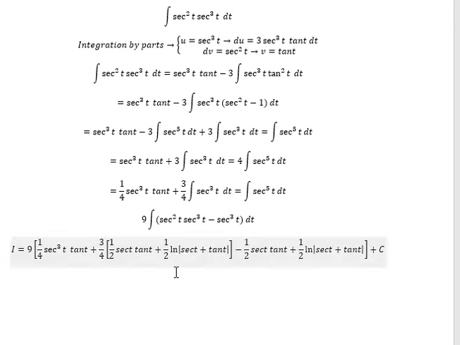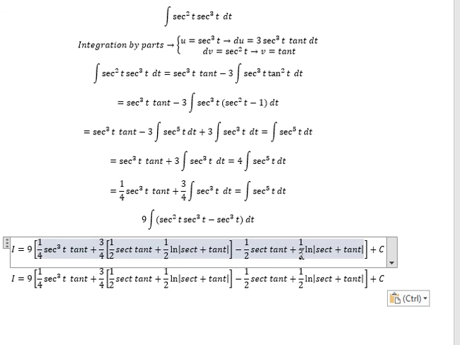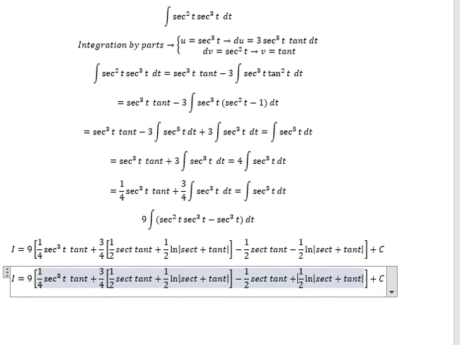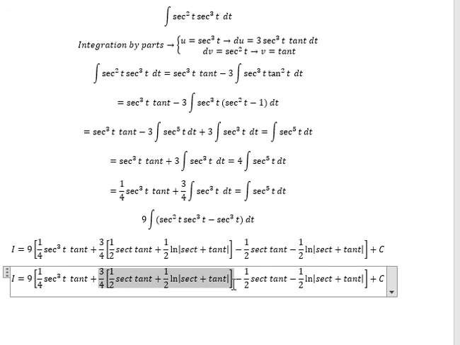Now we need to simplify this one. 3 over 4 multiplied by 1 over 2 minus 1 over 2. Because we have the negative sign here, you get negative in here too. So this one you will get negative 1 over 8, and this one you get negative 1 over 8.